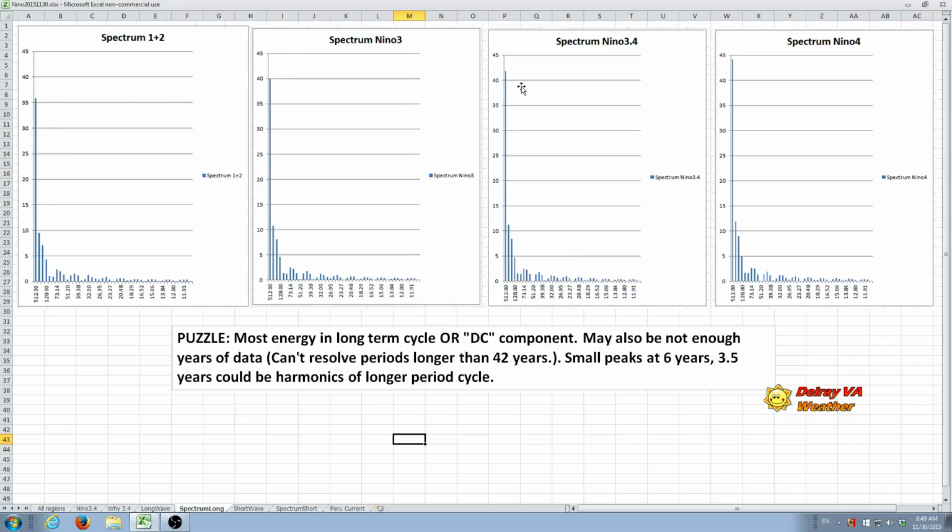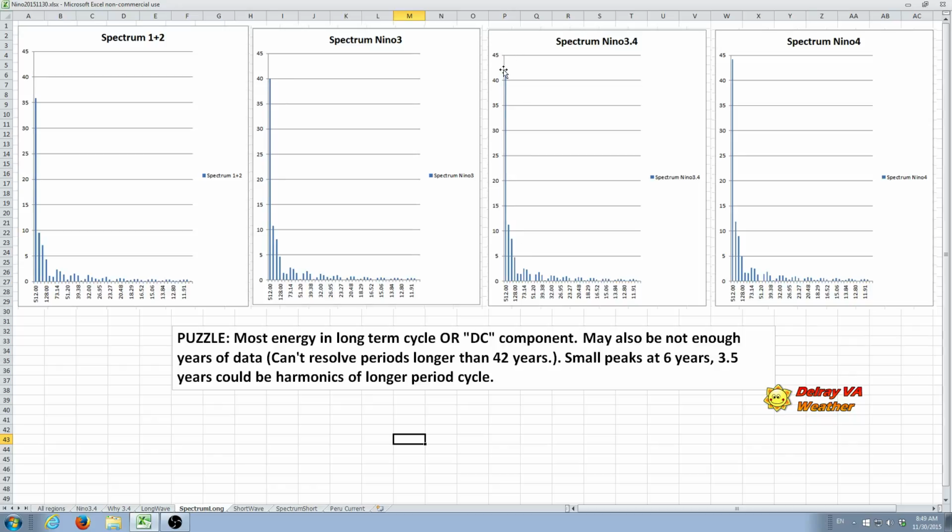That's a logarithmic characteristic, and it appears to me that most of the energy is either in a long-term cycle or is a DC component, in other words, a value that just remains constant, of the sea surface temperatures in all of the regions. And I graphed these all on the same scale, so that it didn't distort any of the perspective.